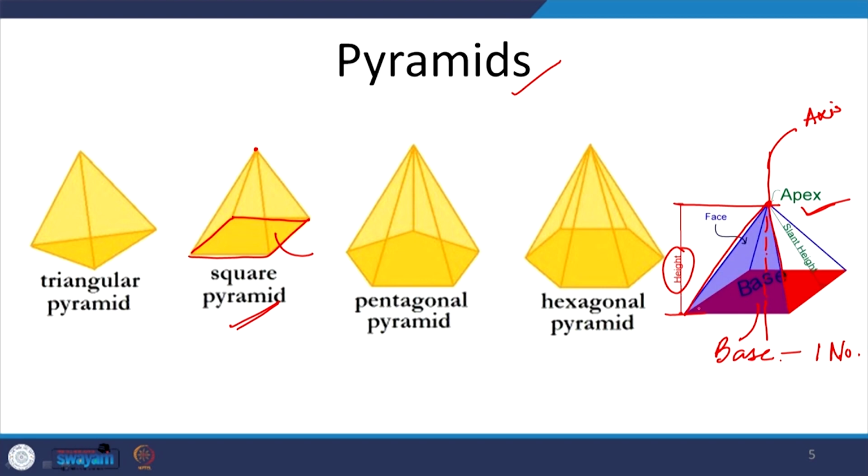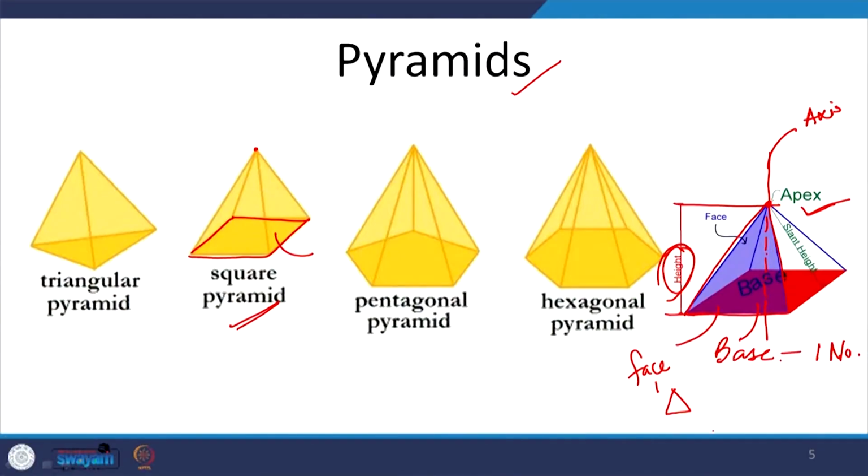Because of this, each face is triangular. We will always get triangular faces for pyramids, and for regular pyramids we will get isosceles triangles. Depending upon the height, in some cases we may get equilateral triangles also, but essentially we will definitely get isosceles triangles in the pyramids.